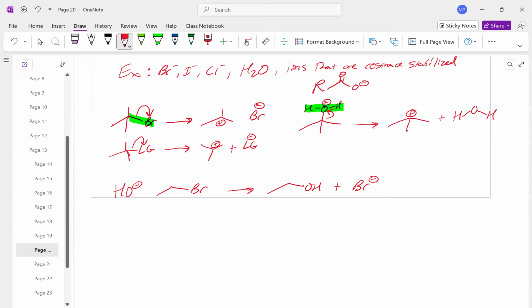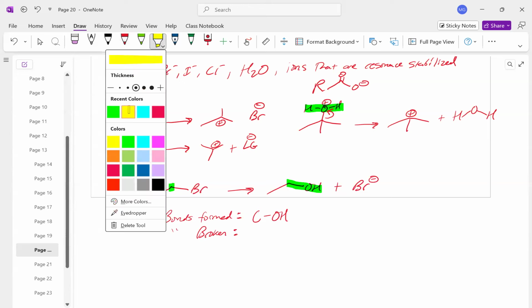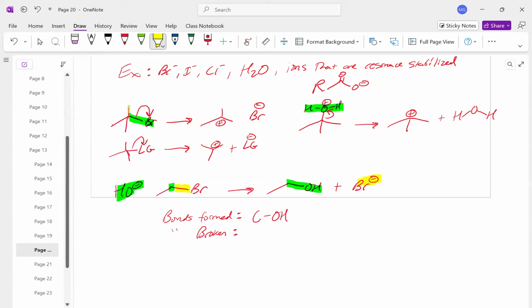Any bonds forming? It looks like there was a bond formed between OH and this carbon. You see that right there. So carbon to OH. And any bonds broken? We got this bond between carbon and bromine, and now those electrons are on the bromine.